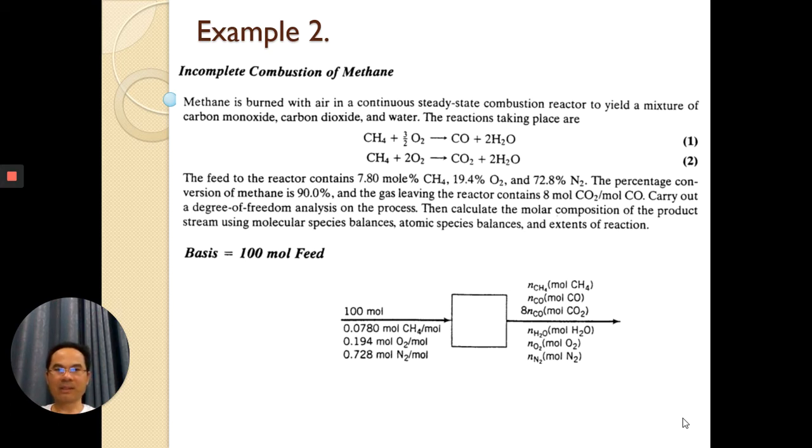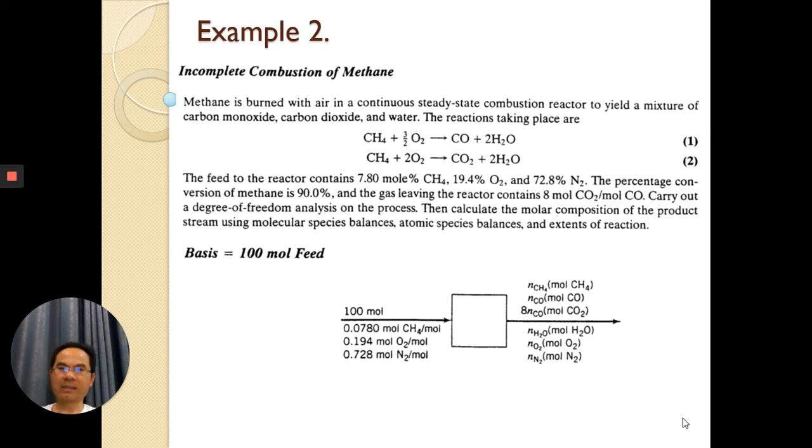After the combustion, the yield is a mixture of carbon dioxide, carbon monoxide, and water. For this case, we have incomplete and complete combustion, two reactions occurring simultaneously. The first reaction is methane oxidized by oxygen: 1 mole methane oxidized by 1.5 mole oxygen to produce 1 mole carbon monoxide and 2 mole water.